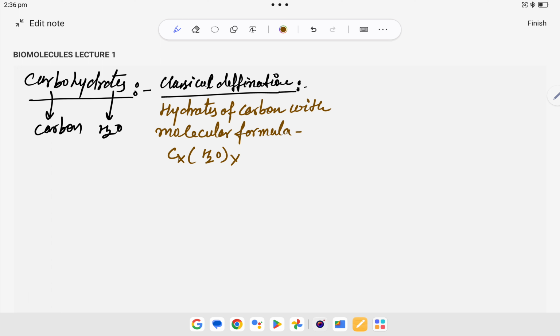Carbohydrates are the hydrates of carbon with the molecular formula CxH2Oy.